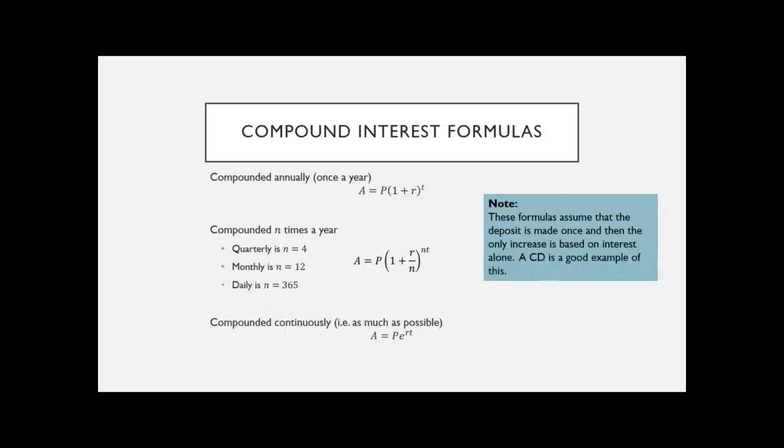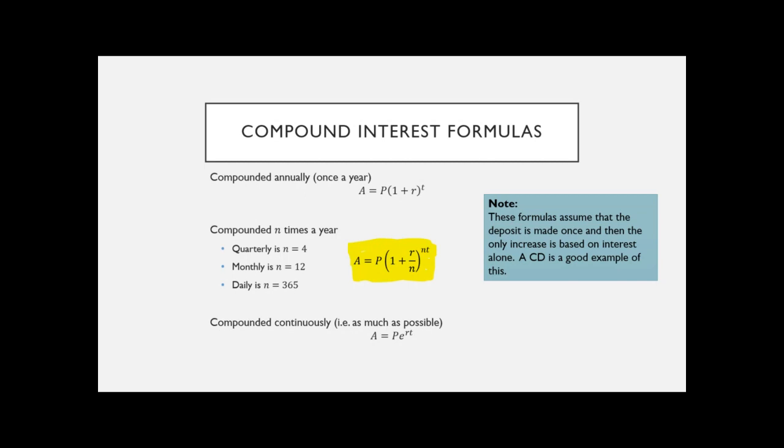There's actually a variation on the compound interest formula. The formula for annual means that you're getting interest only once a year, and that's not actually how the world works. We usually get interest multiple times a year. So there's a modification to the formula where you have to take your annual interest rate and divide it by the number of times you're getting interest.